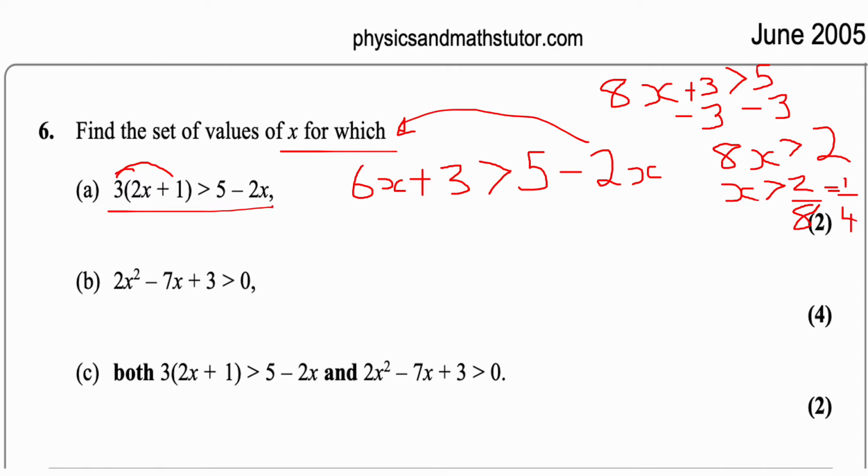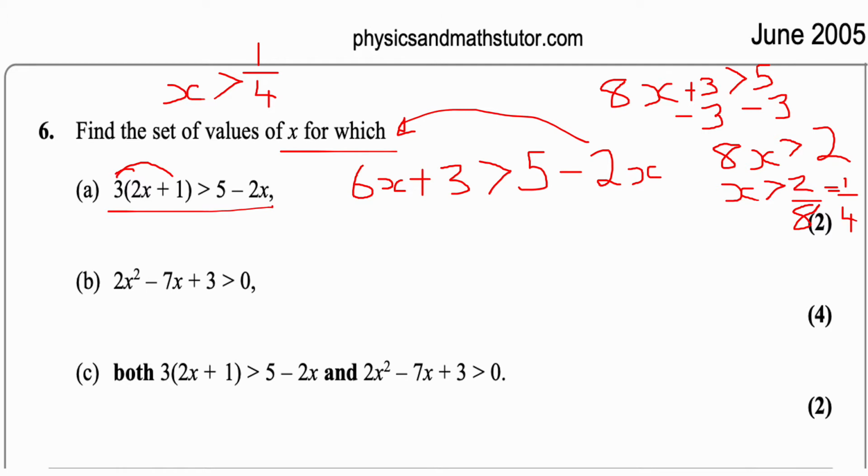So x is strictly greater than 1/4. So x can take any value that is bigger than 1/4 or 0.25. So x could equal 1, 2, 3, 4, etc. x can't equal 0 or -1 or 1/10, as an example.